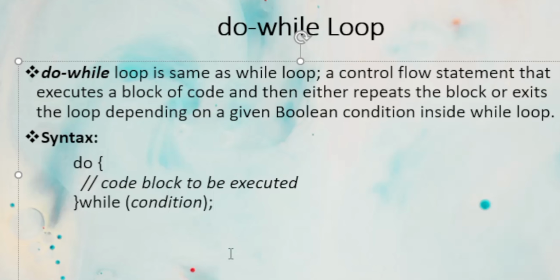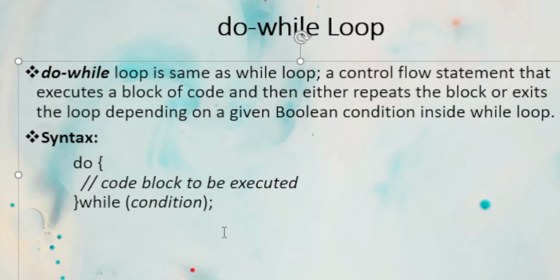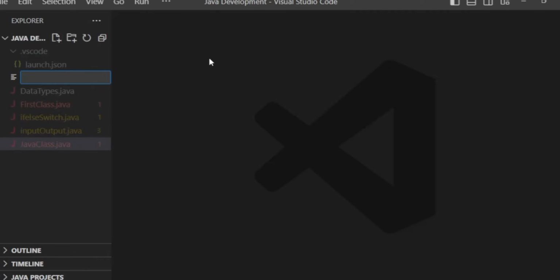Now let's go to our Visual Studio and see how we can implement all these in our Visual Studio Code, and see practically how we can use these loops to write an algorithm using Java programming language. Now, so we are here in our Visual Studio Code. Let's first of all create a new file, and let's name it loopslecture.java.